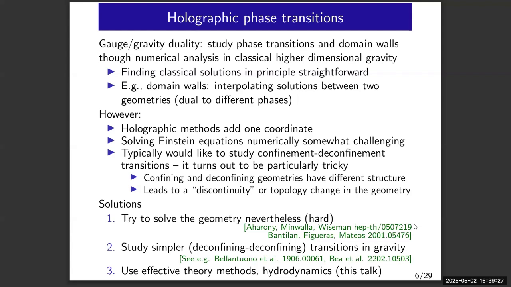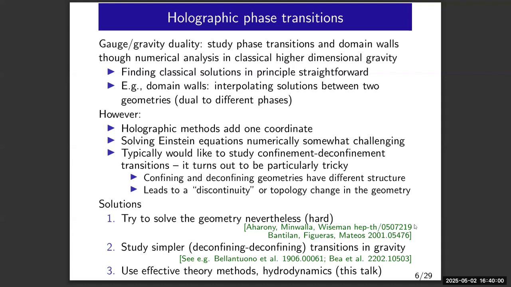But then you can also simplify by forgetting about the proper confinement, deconfinement transition. You can do this kind of phase transitions, which I call deconfinement transitions. This just means that you study a phase transition between two geometries which are in the same class. Basically, this just means that the geometries on both sides of the transition are black hole geometries.